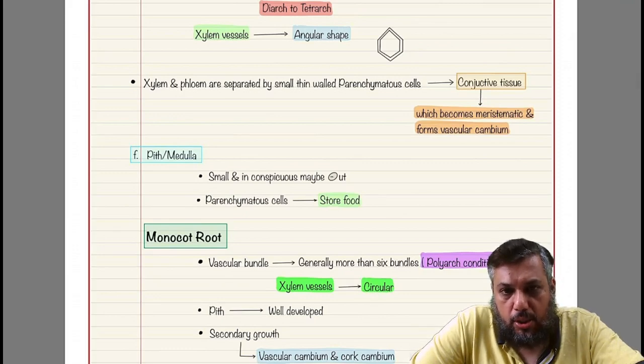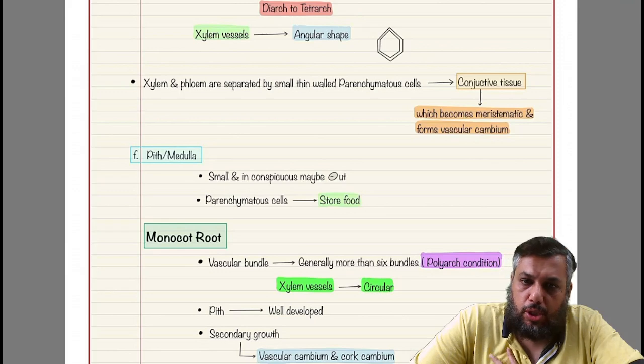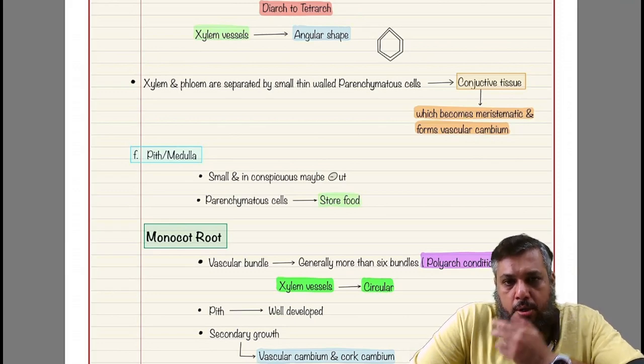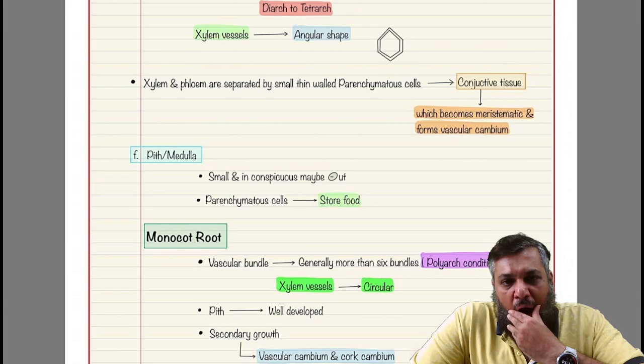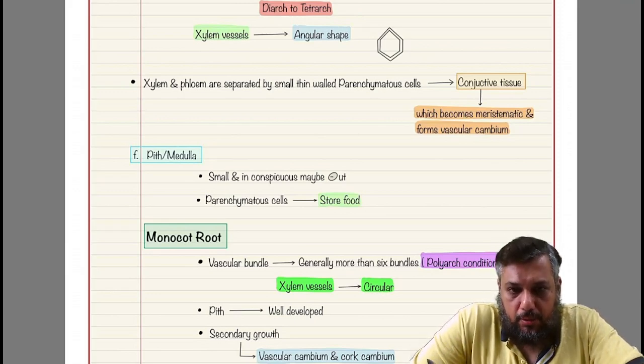This conjunctive tissue will become meristematic, it will form vascular cambium, hence it will result in the formation of secondary growth. तो conjunctive tissue का काम ये है कि it will help the dicot root to show secondary growth. Then in the center there is pith.